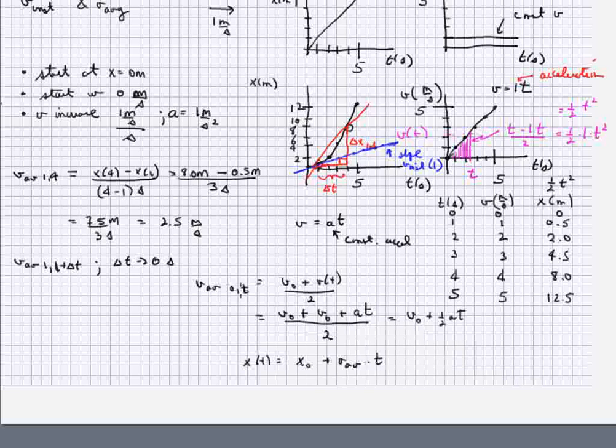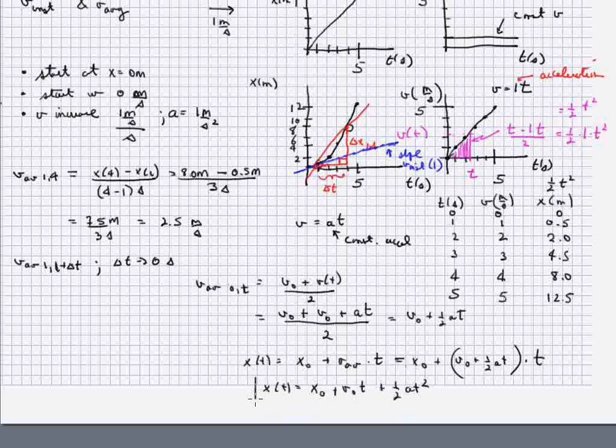So now we can put this expression in for the average velocity, and we will get x0 plus v0 plus 1/2 at, replacing this with that, times t, and what we end up with is x of t is equal to x0 plus v0 t plus 1/2 at squared.